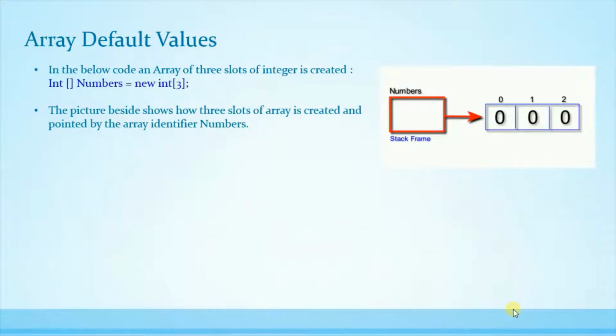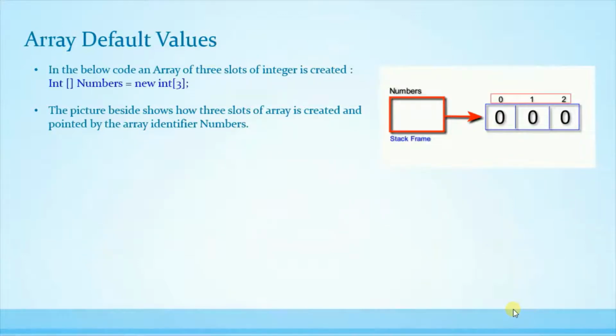Since we don't specify an initial value, Java allocates memory. After that it initializes with the default 0. So here we allocated 3 slots, and each slot is reachable by an index number.